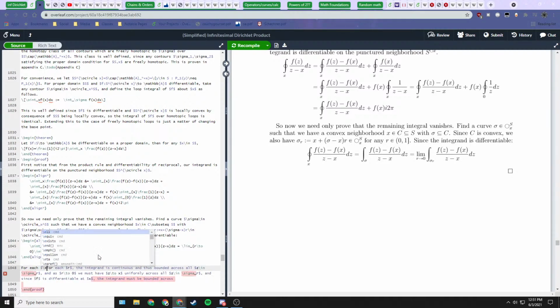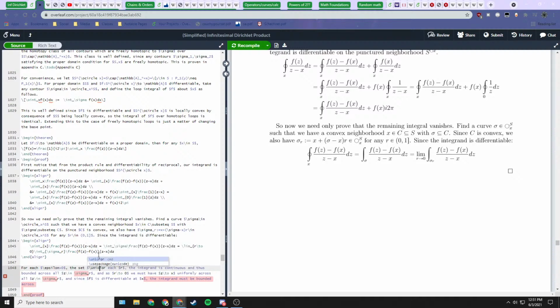So for each epsilon greater than 0, the set union of sigma sub r for r greater than epsilon is compact, and over which our integrand is continuous, so bounded.